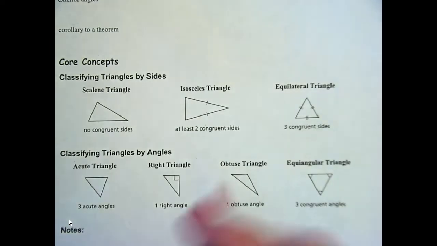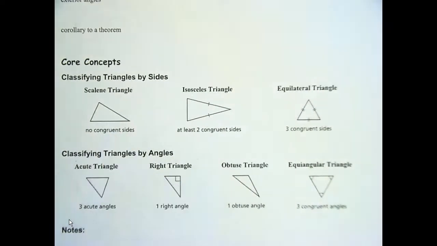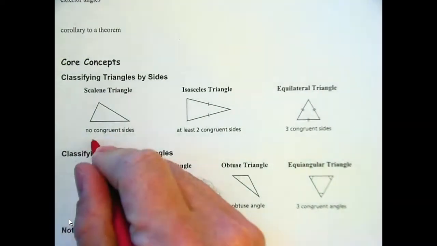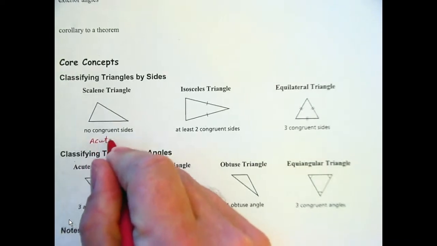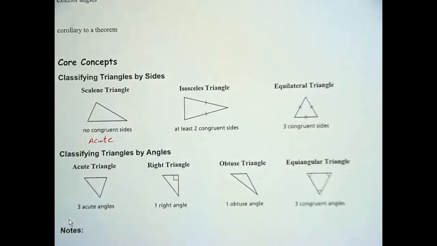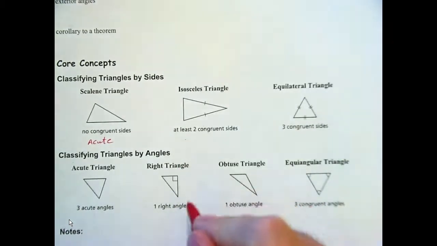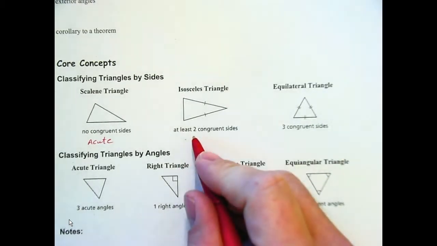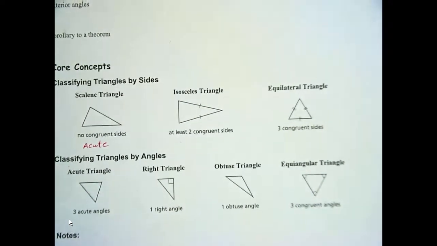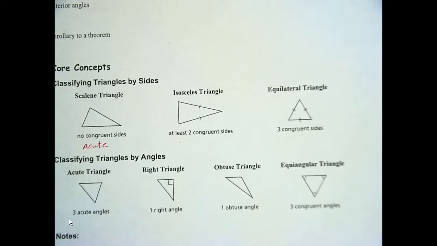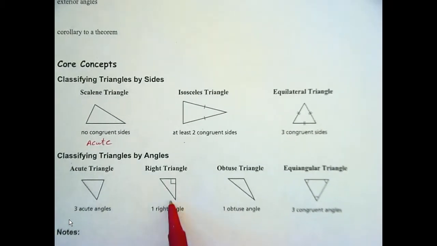All right, Maddie Anderson. By angle, what would we call this one? Acute. All right, Carson. What would we call this one by angle? So would it be right? Would it be obtuse?